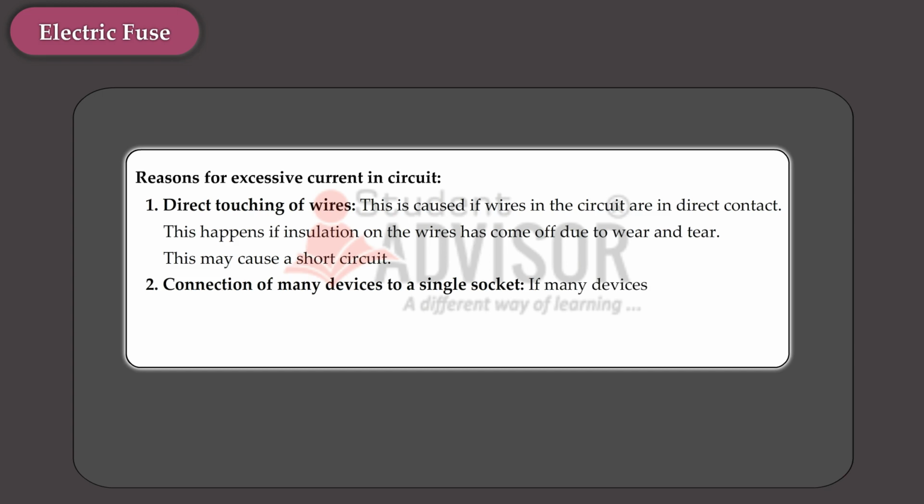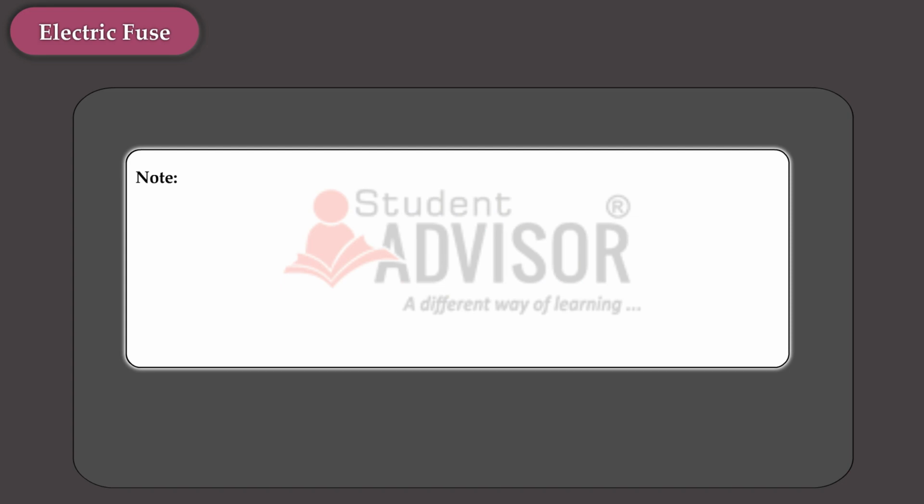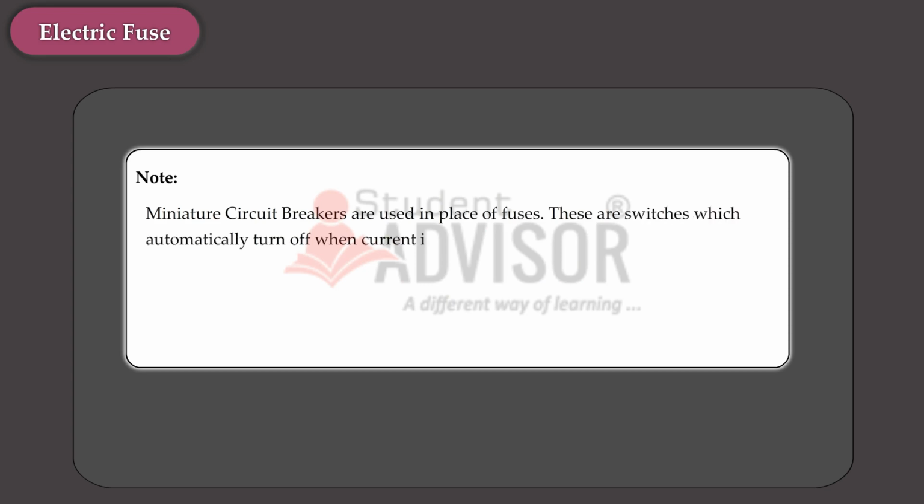If many devices are connected to a single socket, overloading may occur. Note: miniature circuit breakers are used in place of fuses. These are switches which automatically turn off when current in a circuit exceeds the safe limit, and can be turned on again so that the circuit is on once again.